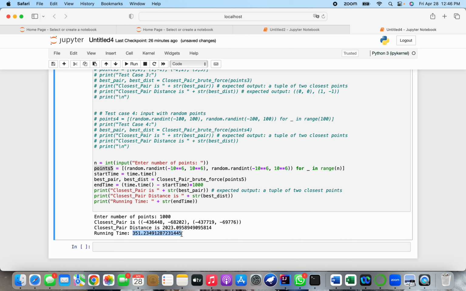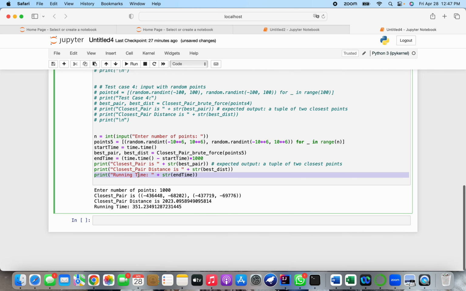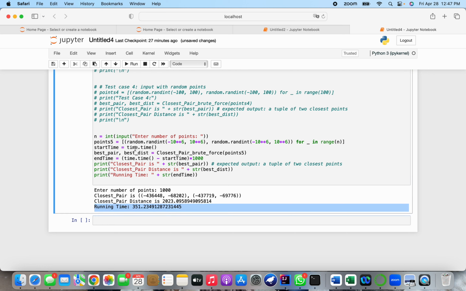And here I'm generating the running time of this algorithm, because we have to analyze the running times, and from that check whether the practical running time and the theoretical running time are somewhat close or not. To get the running time, I'm using the command time.time.